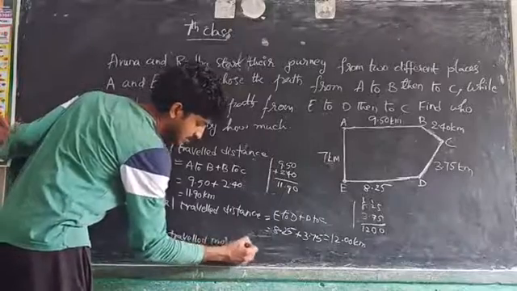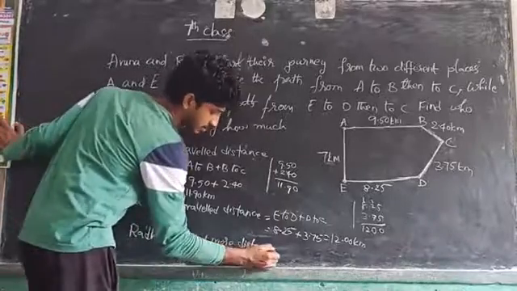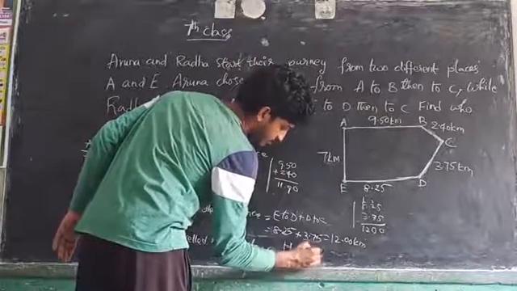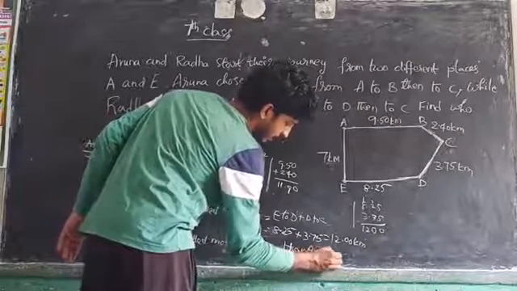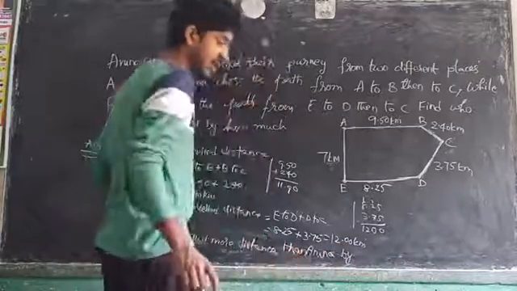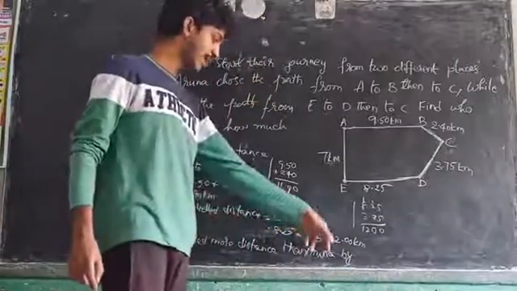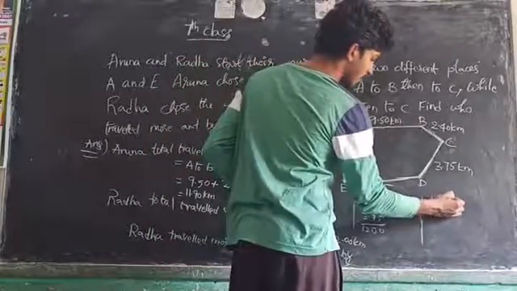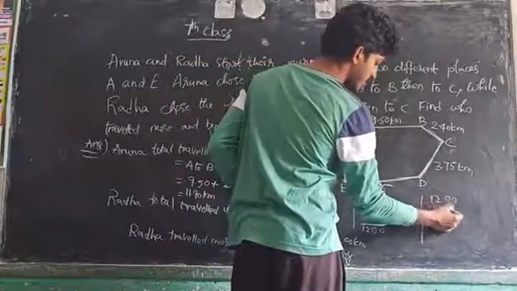Radha traveled more distance than Arjun. By how much distance? We have to subtract here. 12 minus 11.90. Do this in rough. 12 minus 11.90.